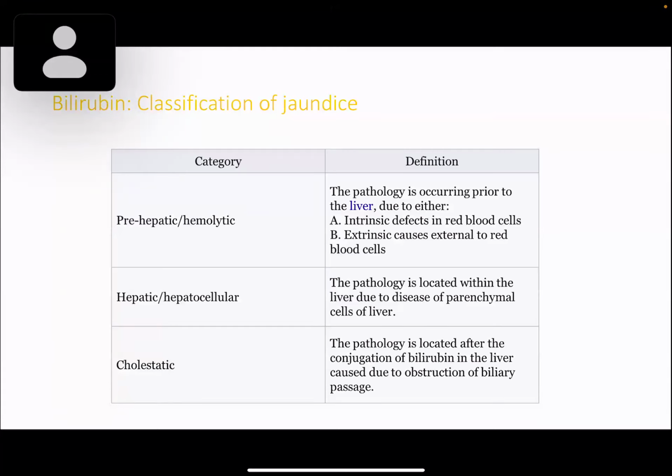Cholestatic jaundice is the type of jaundice that results from biliary inflammation, injury, or obstruction. These pathological insults can occur inside the liver, intrahepatic, or outside the liver. In such a situation, the conjugated bilirubin will be highly elevated in cholestatic jaundice.